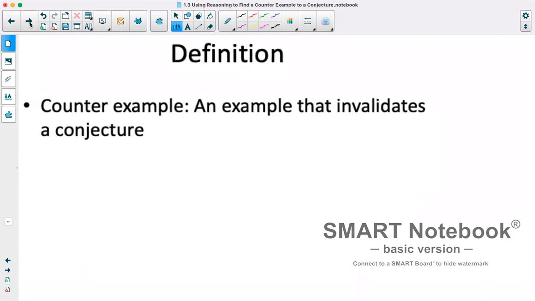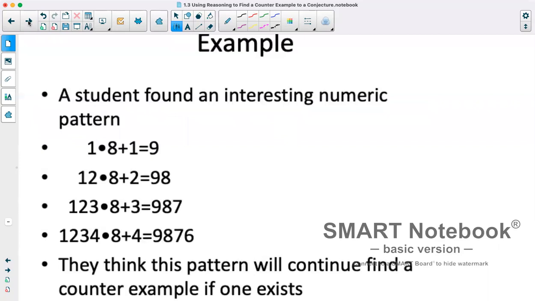So when we provide something that invalidates a conjecture, that's known as a counterexample. So it's an example that goes against the conjecture, hence why it is counter. So our next example, a student found an interesting numeric pattern. If they took 1 times 8 plus 1, that gave them 9.